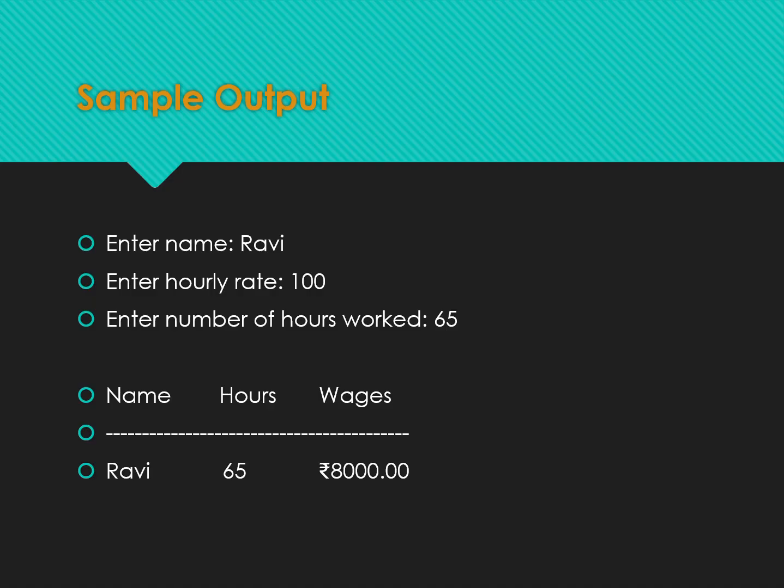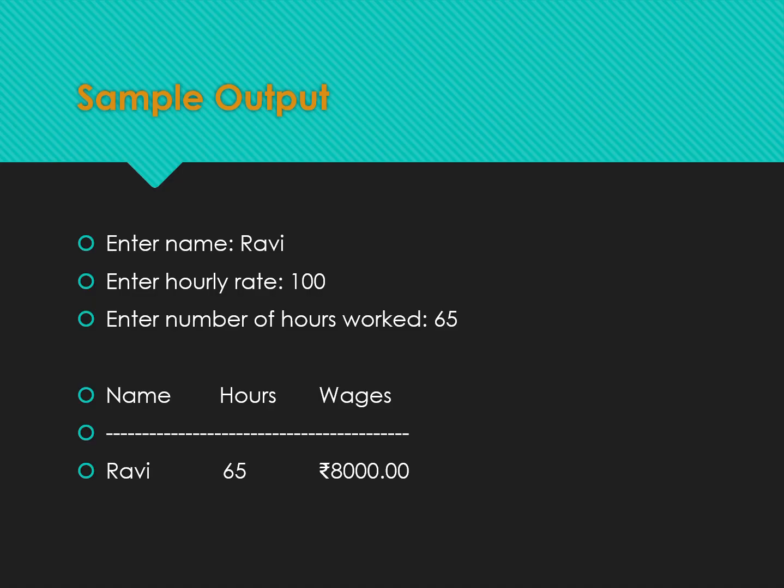Since Ravi has worked 65 hours, the wage is calculated in three parts as per the wage rules. 1. First, the initial 40 hours are paid at the normal rate. 40 times 100 rupees equals 4,000 rupees. 2. Next, the following 20 hours are paid at 1.5 times the rate. 20 times 150 rupees equals 3,000 rupees. 3.